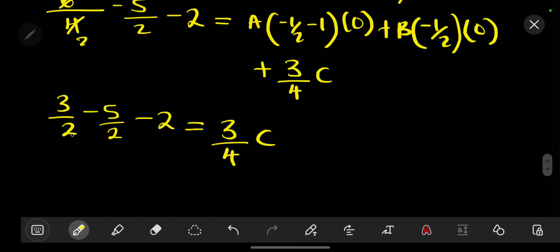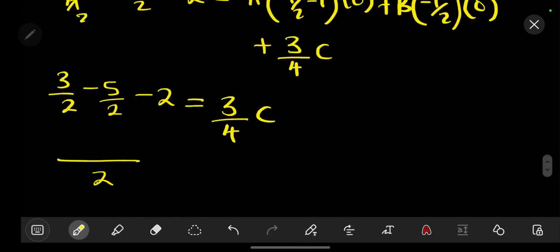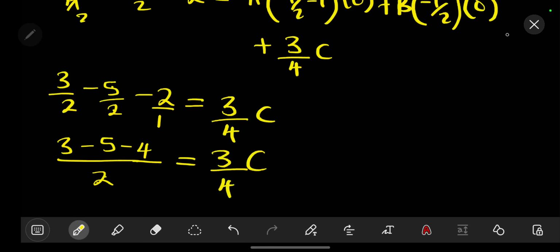So the common denominator here is a 2, so we are going to say 2. 2 divided by 2 is 1 times 3, it will give us a 3. 2 divided by 2 is 1 times 5, it will give us a negative 5. 2 divided by 1 times negative 2, that will give us a negative 4 like that. So this should be equal to a value of our 3 over 4c like that.